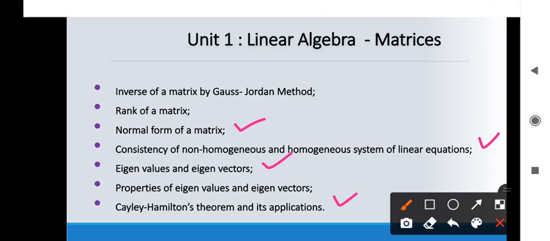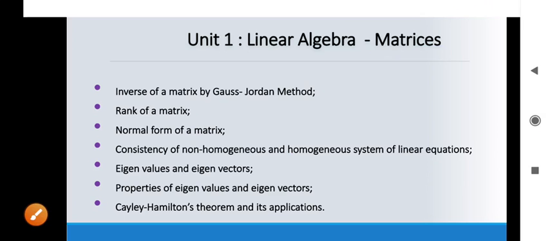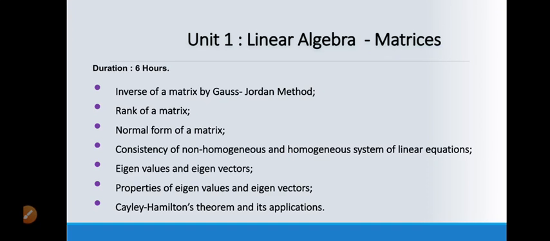Now, as here we are going to learn the new concepts from the area of matrices, first we have to revise some of the concepts from this area of matrices which you have learned in 11th and 12th standard.